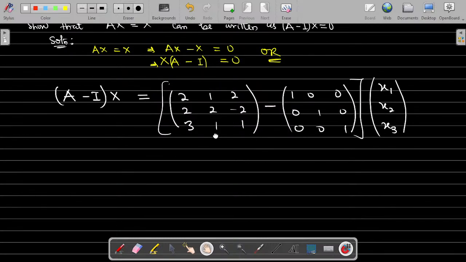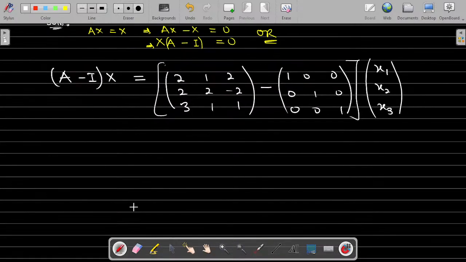But first of all, let's get the value. So what's the value going to be? If you open this, you are just going to have subtraction. So you are subtracting the corresponding components. 2 minus 1 is 1. 1 minus 0 is 1. Then this one will be 2. And then here you are going to have 2 minus 0 is 2.